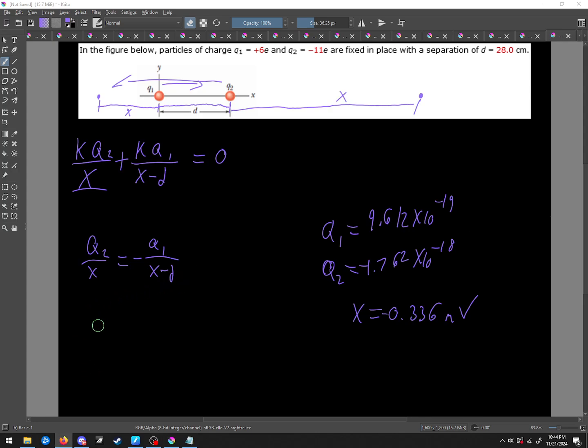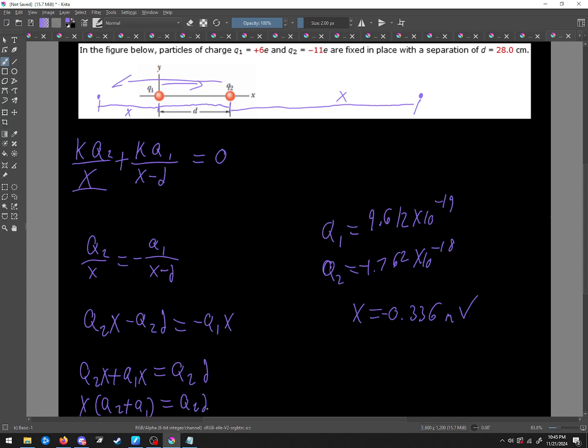So now we are going to have Q2 x minus Q2d equals negative Q1x. So now it's going to be Q2x plus Q1x equals Q2d. Take x out, it's going to be Q2 plus Q1 equals Q2d.